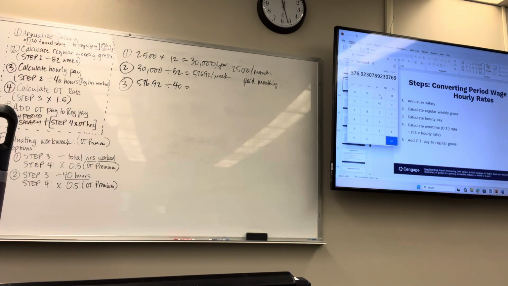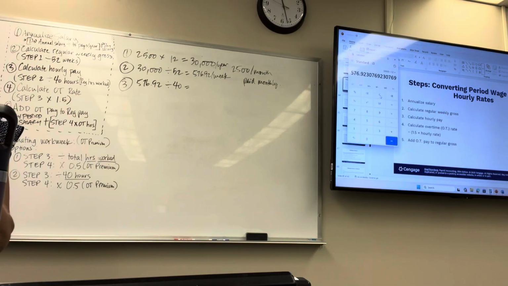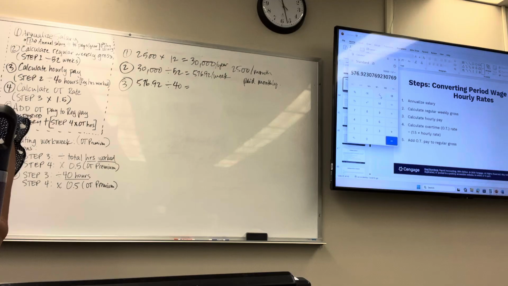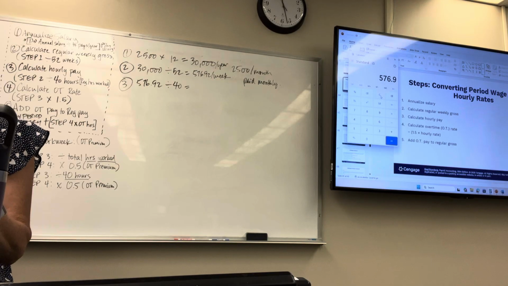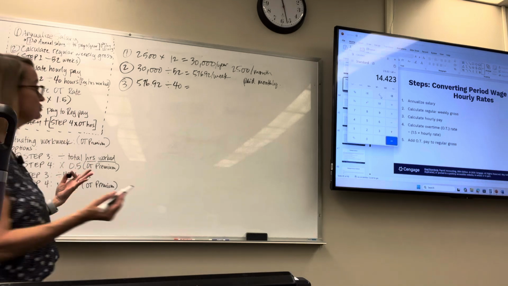Your problem will tell you to round your final answer, or round intermediate answers to 3 decimal places or 2 decimal places. Just pay attention to the wording on those problems because it can change the final result if you round at the wrong place. I'm going to round right here. So 576.92 divided by 40 hours. So they make $14.42 an hour.